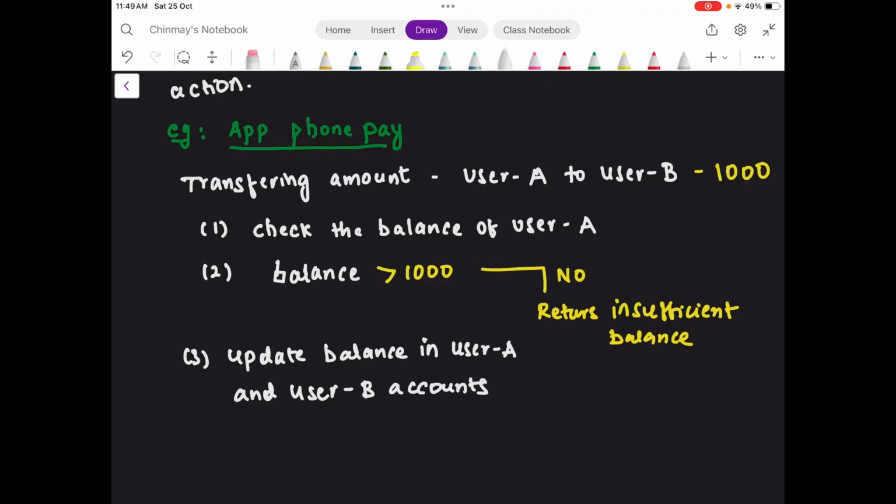This is the process. It is a single action, right? Transferring the amount from user A to user B is a single action.